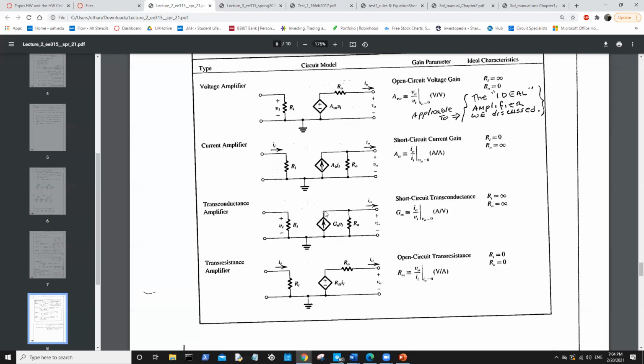So the difference is that their ratios are current and voltage dependent as opposed to voltage or current dependent. And in their ideal parameters, they're opposite: transconductance is all infinities and transresistance is all zeros. It looks like a probability problem, all the combinations of ideal parameters.